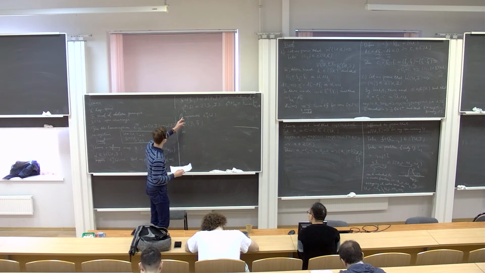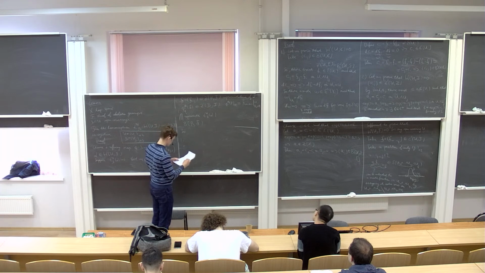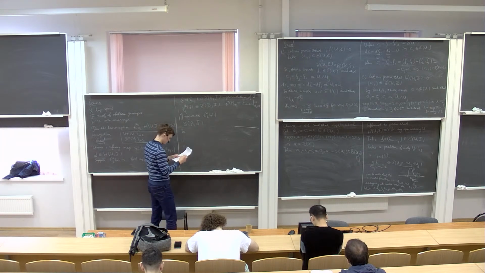So we can represent it as delta of some zero cochain with respect to the covering B.